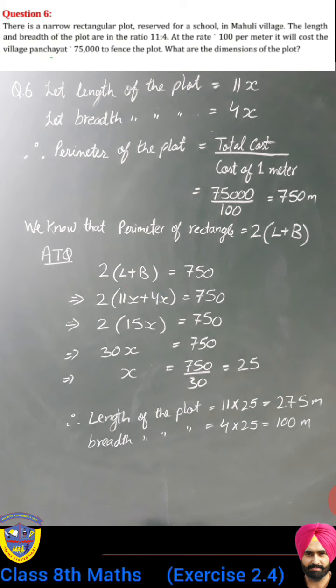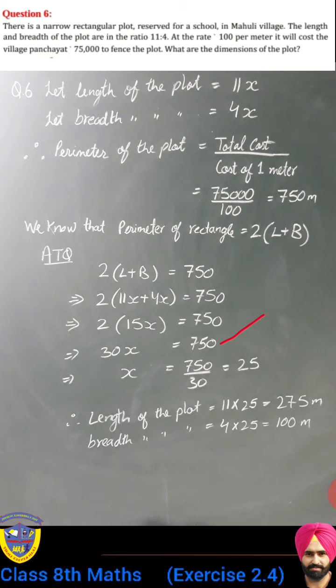Put all the values here. 2 into 11x plus 4x is equal to 750. 11x plus 4x you will get 15x. Next step, 2 into 15x you will get 30x is equal to 750.